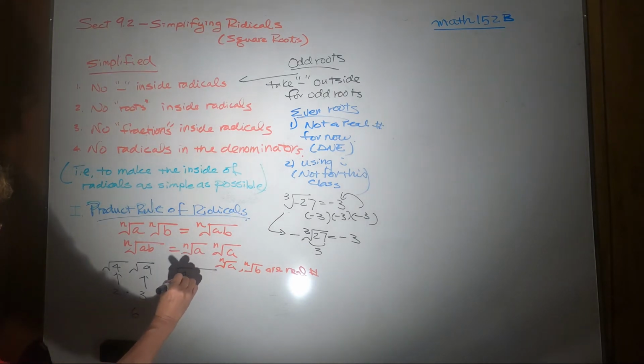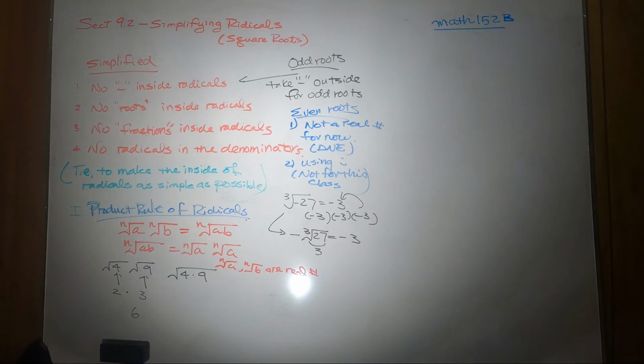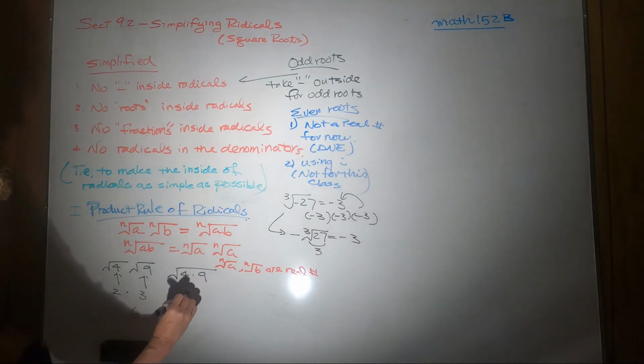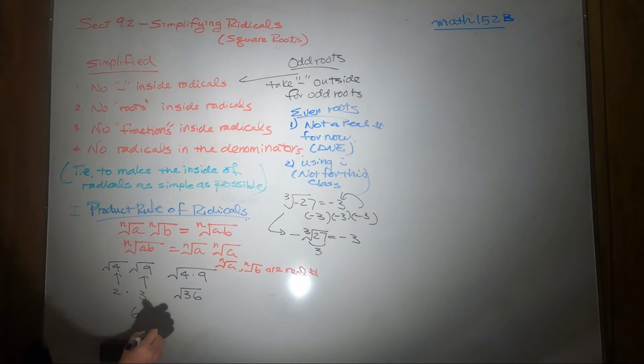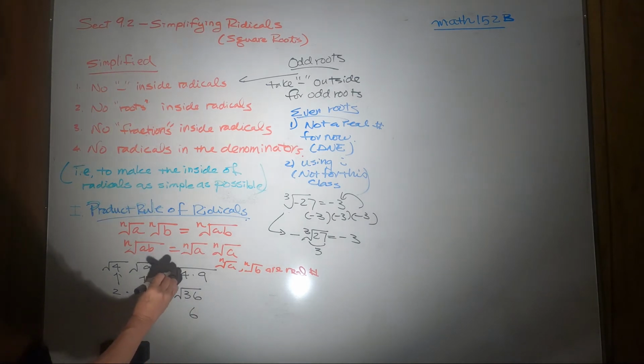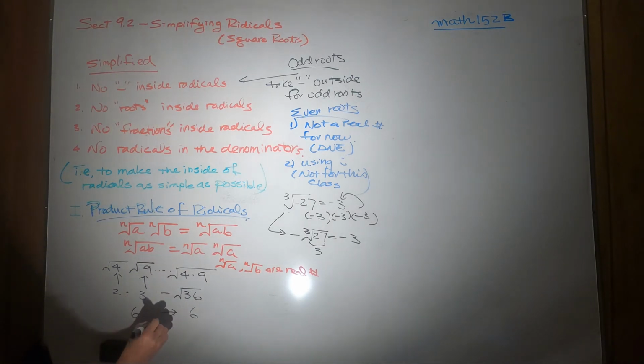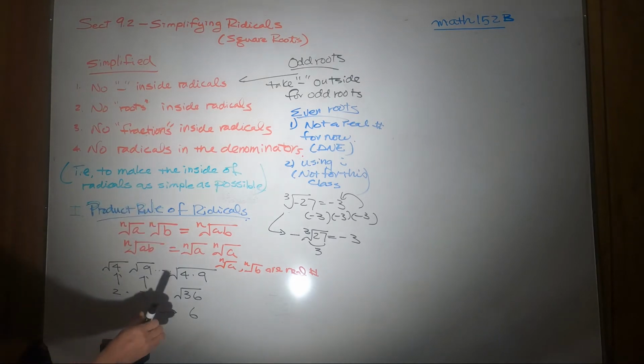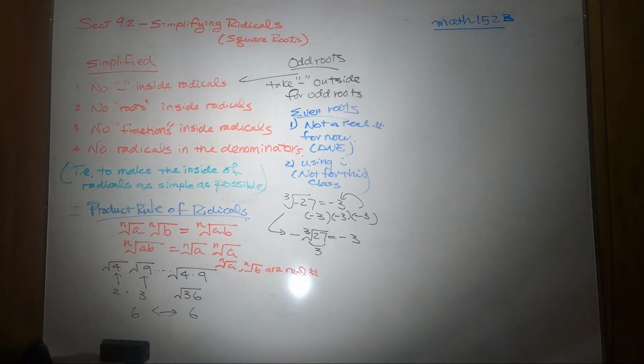If you multiply inside, 4 times 9 is 36. The square root of 36 is the same thing as 6, right? Are they the same? So that's what we are talking about. We can split them or we can put them together. It has such a characteristic. We call it the product rule.